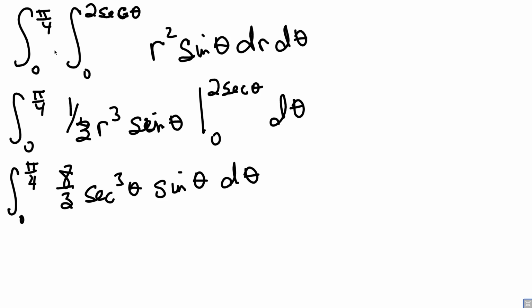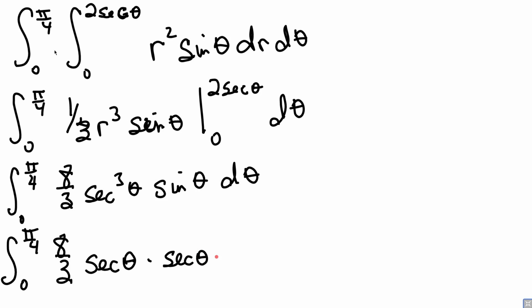So I can do a slight rewrite of this. It becomes the integral from 0 to pi over 4 of 8/3, and I'm going to pull 2 secants away. So I have secant theta times secant theta times secant theta sine theta d theta.